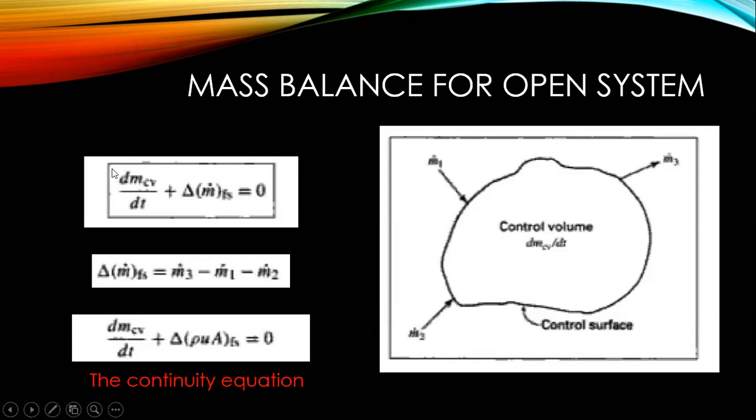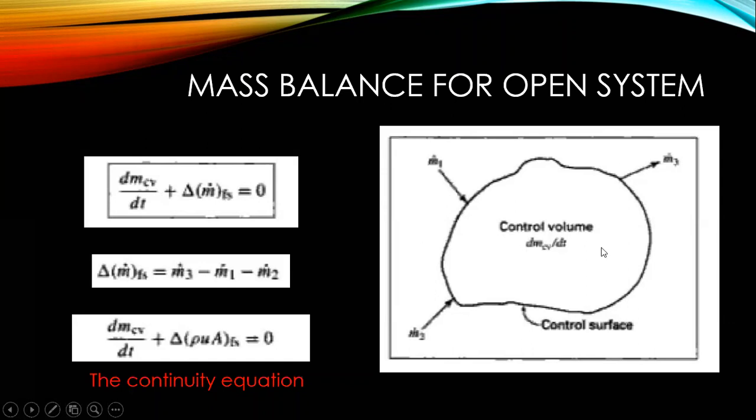So, yung change in mass with respect to time ng system natin, dm/dt, is equal dun sa sum or difference ng mga mass flow rate natin, ng mga flow streams natin. This is FS is flow stream, CV is the control volume.